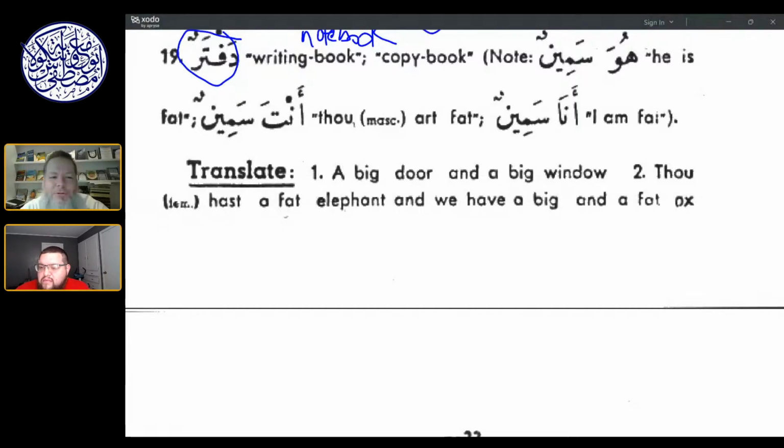Number 2: thou, meaning you, female singular. Laki filun saminun, wa lana thaurun kabirun wa saminun.